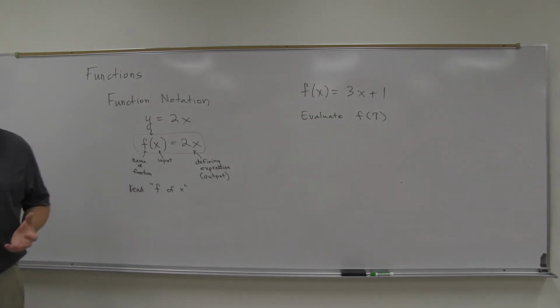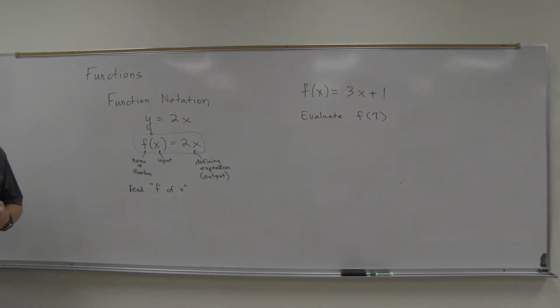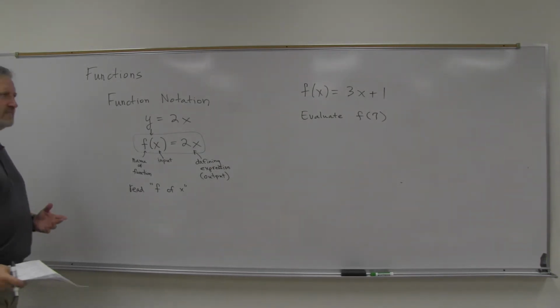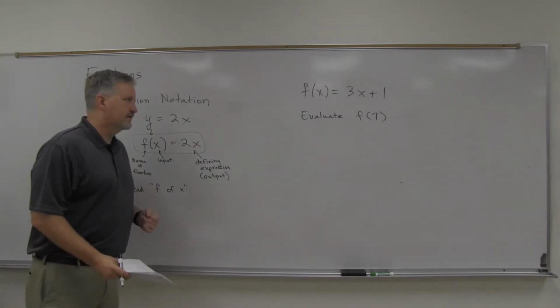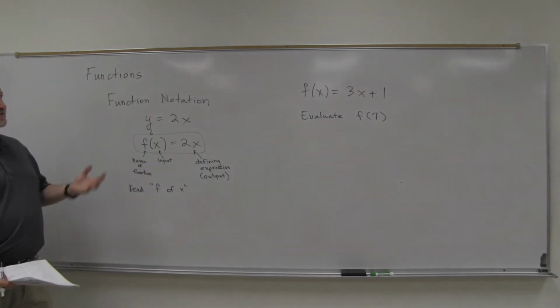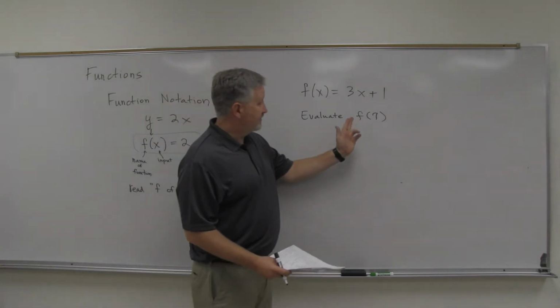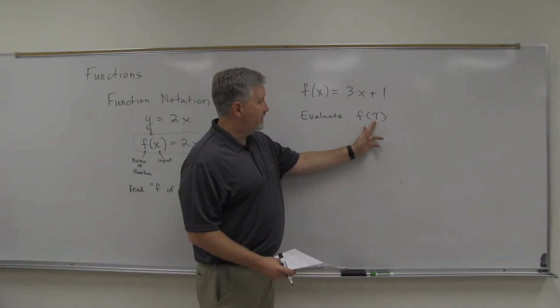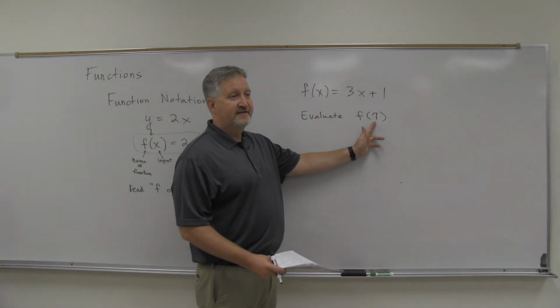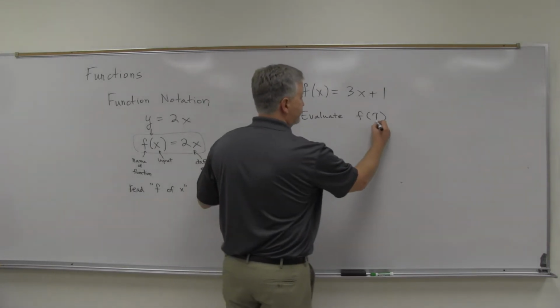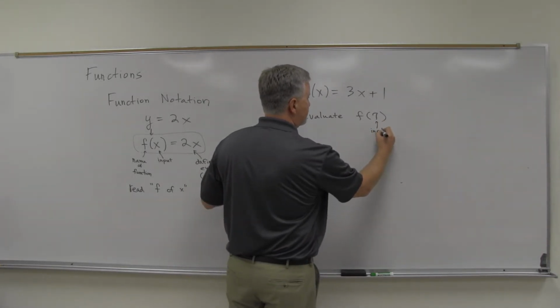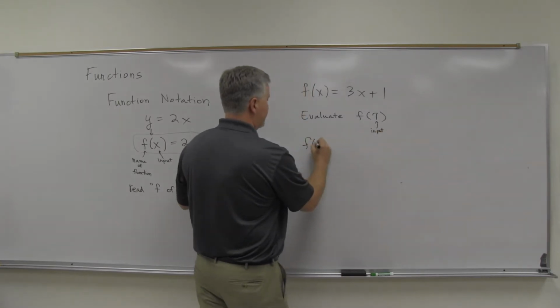Yeah, and so this is just a nice way of writing it; if you didn't have this notation, it'd be a little bit wordier. What's this saying? Well, I want to do function f, and I want to do input 7. This is my input.